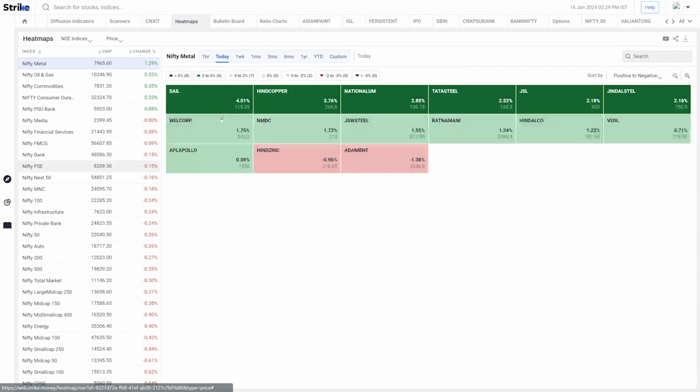So I've covered a few examples in this video of how you can use various tools across different time frames to find the confluence point where you are getting the same signal from various time frames, so that you know that you're in the right direction.